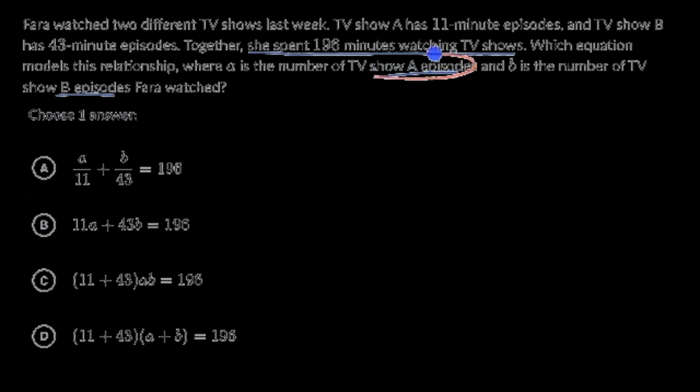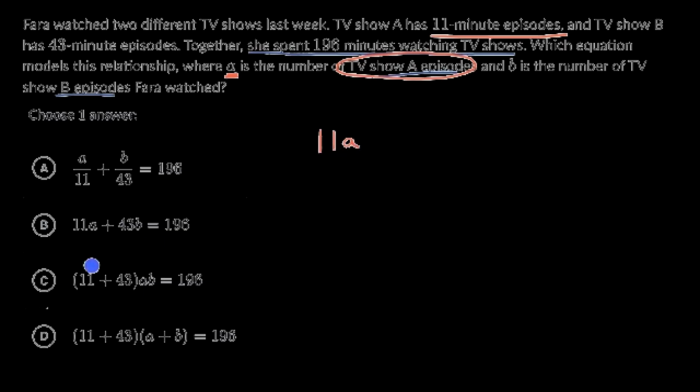How much time did she spend watching TV show A? Well, we know that each episode of TV show A is 11 minutes. So it's going to be 11 minutes times the number of episodes. And they say that lowercase a is the number of TV show A episodes. So this right over here, 11a, is how much time she spent watching TV show A.